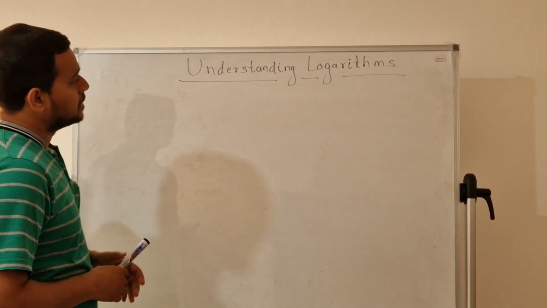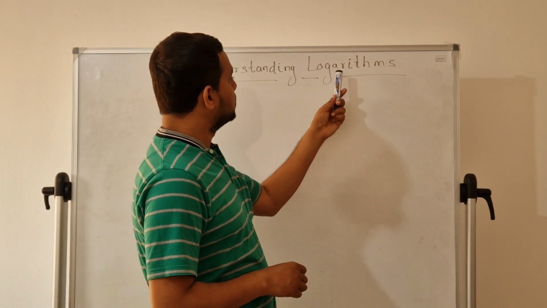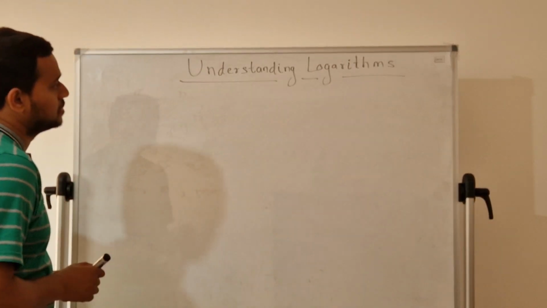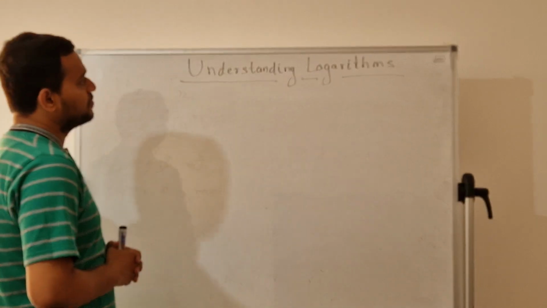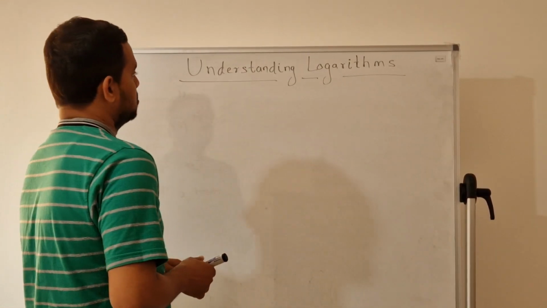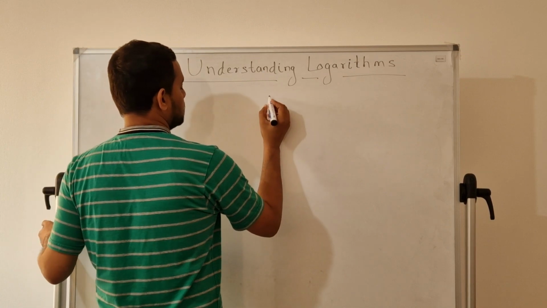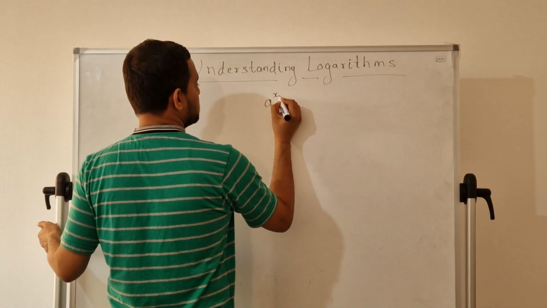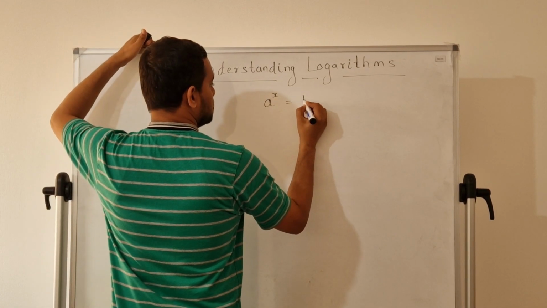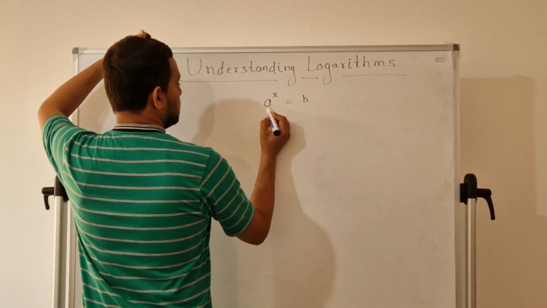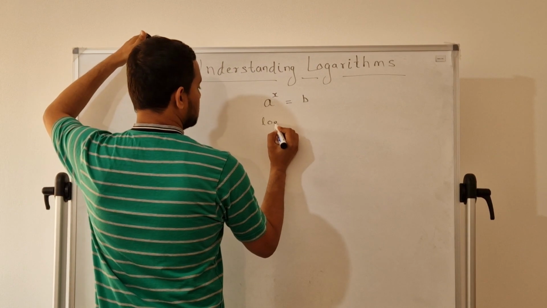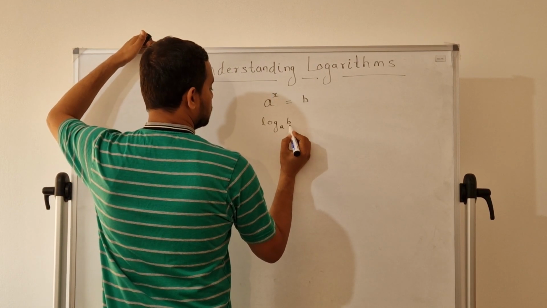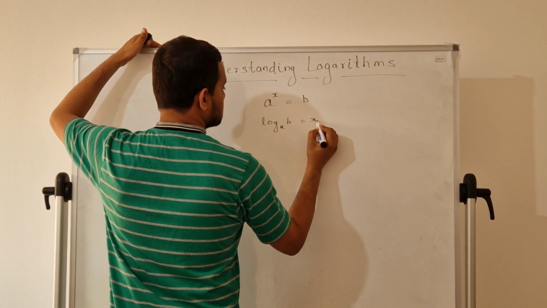So before we start, let's try to define what logarithms are. In a vague way, logarithms are a different way of writing exponents. So a raised to the power x is equal to b. What this means is a exponent x, if its value is b, then logarithm of b to the base a is equal to x.